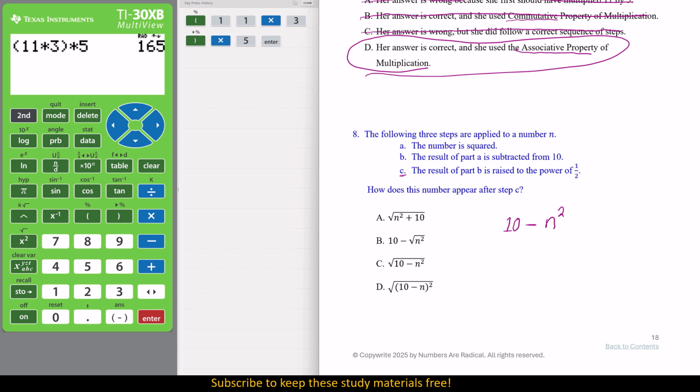The first thing I'm going to do is eliminate something. I don't like A because we have the word subtract. I'm not believing that one. It's out.